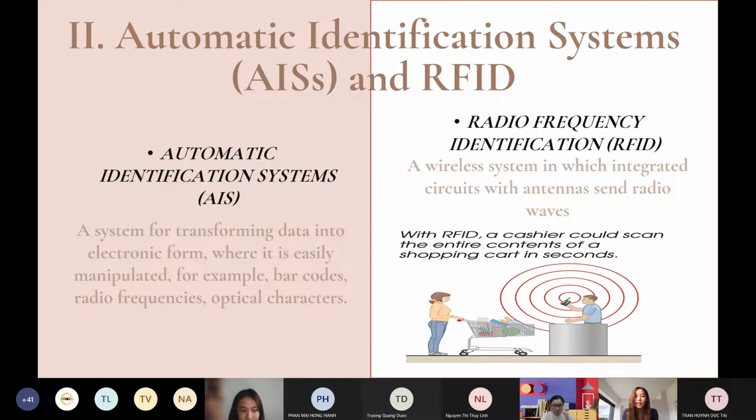RFID is a wireless system in which integrated circuits with antennas send radio waves. RFID tags provide unique identification that enables the tracking and monitoring of parts, pallets, people, and virtually everything that moves. And we can see that with RFID, a cashier could scan the entire contents of a shopping cart in seconds.